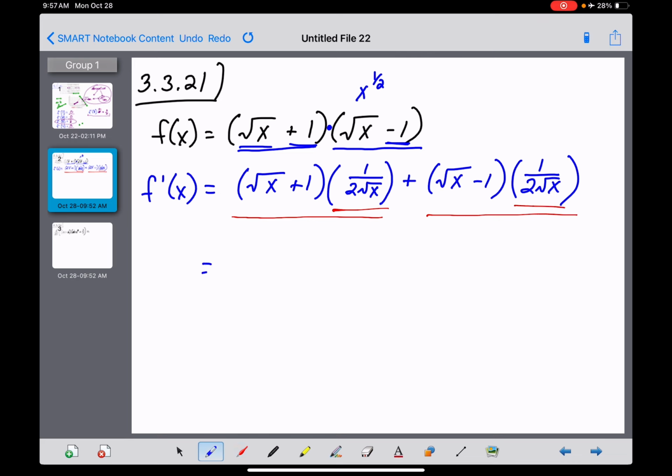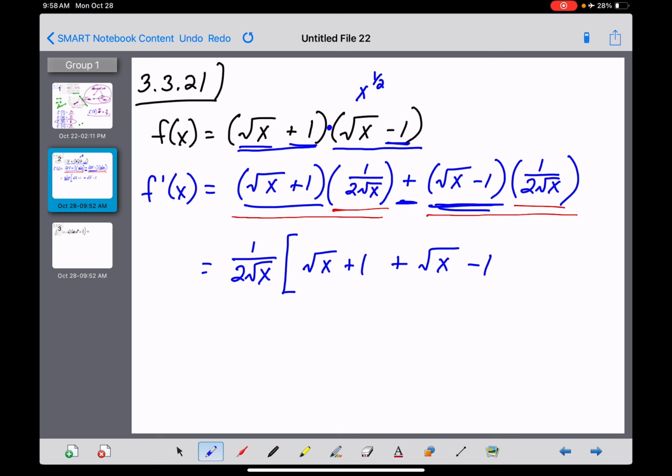So what I'm going to do is factor out that common factor here of 1 over 2 root x, and then just start a set of brackets right now. What's left over after we pull that out? Well, we've got a square root of x plus 1 that came from right here, a plus that came from right here, and then a square root of x minus 1 that came from right there.